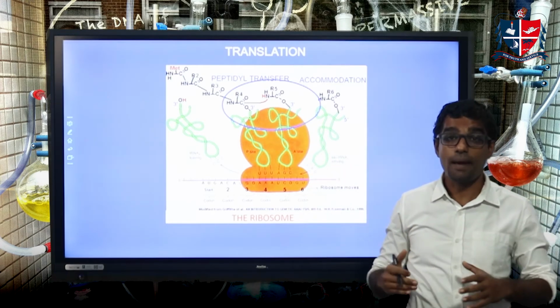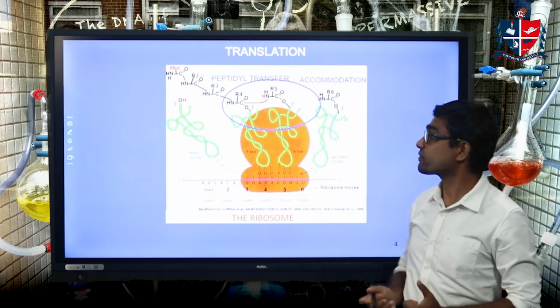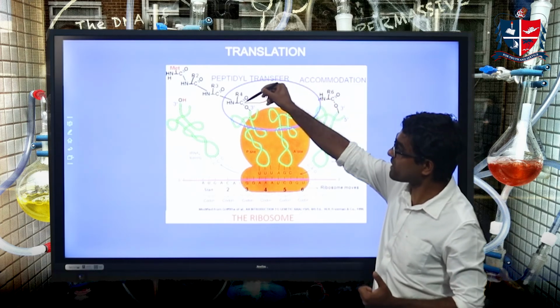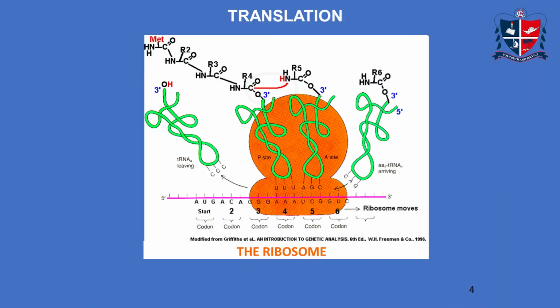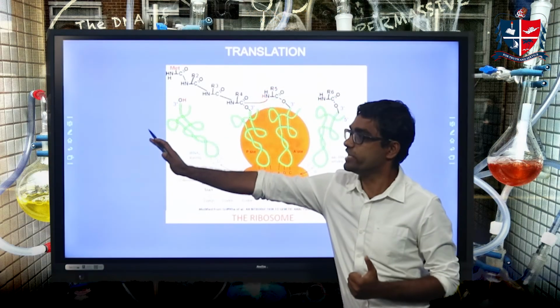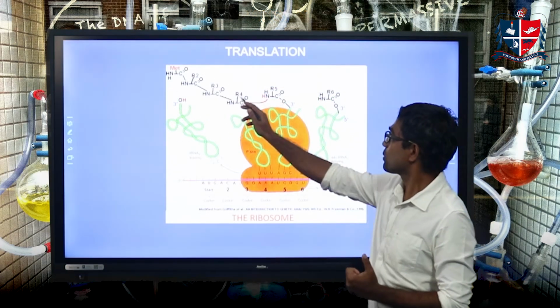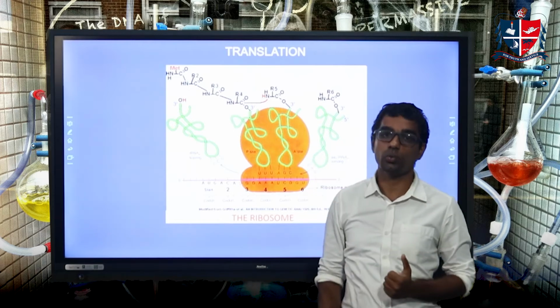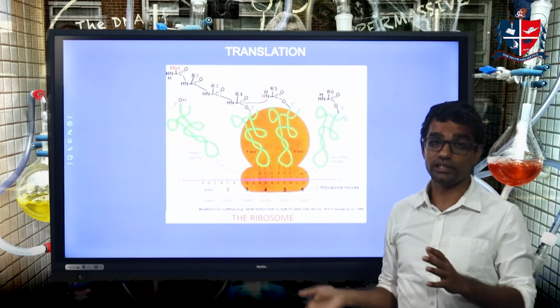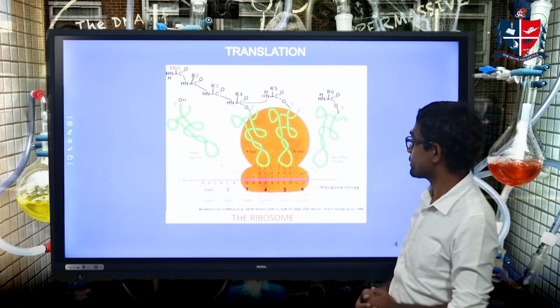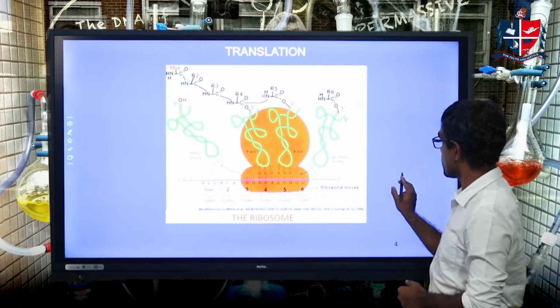So this is known as the peptidyl transfer reaction. You see, this amino group attacks here. So a new bond is formed here. So this tRNA leaves. So this amino acid is also included here. A new amino acid is incorporated in the peptide. I will show it in the next slide.